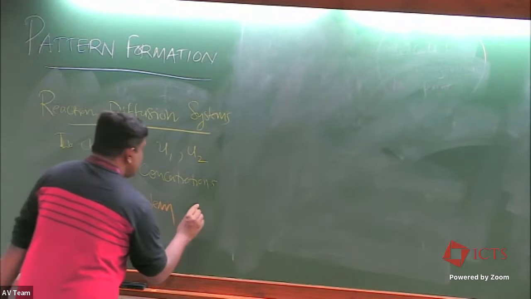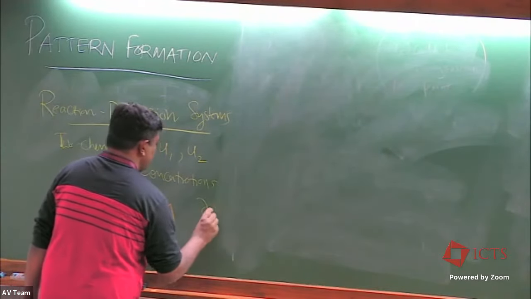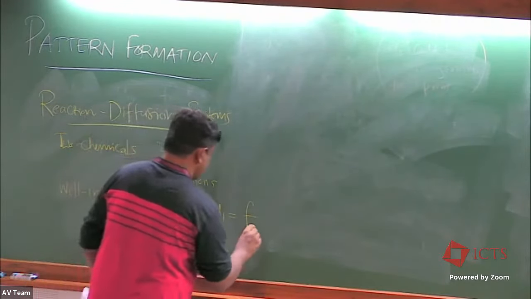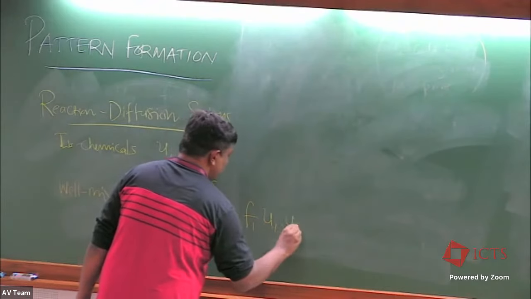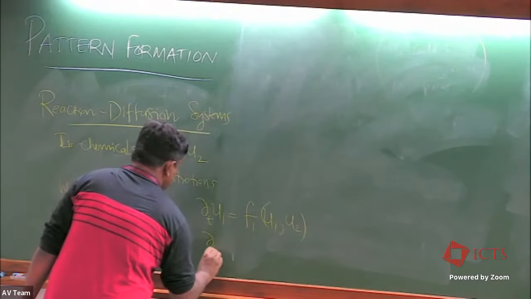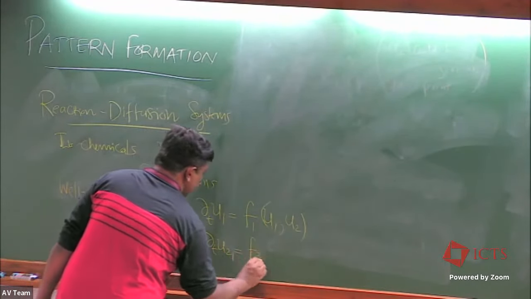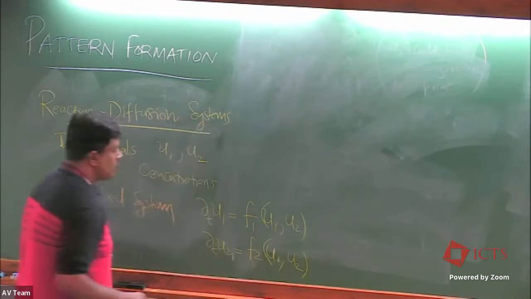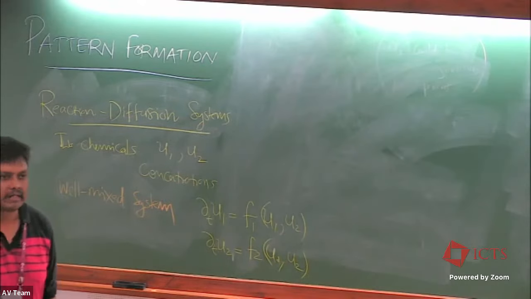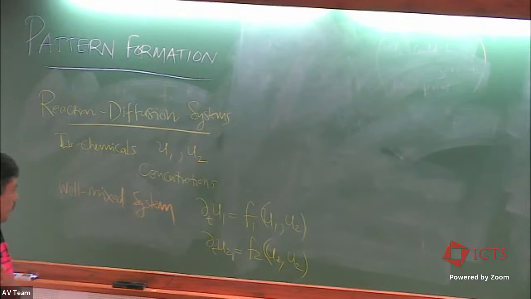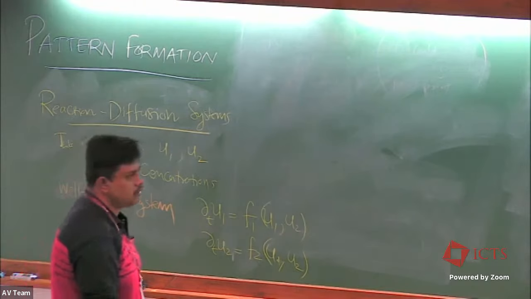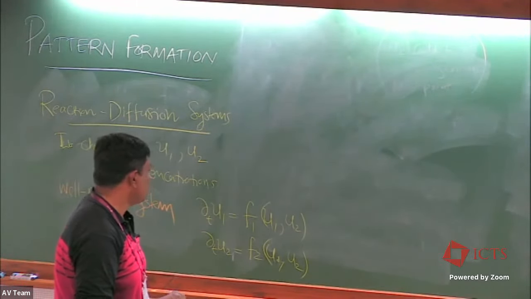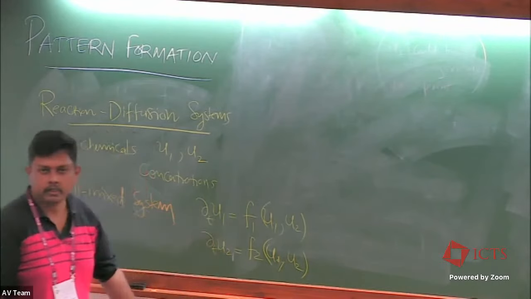Let's say the 2 equations satisfy these: dt U1 is F1 of U1 comma U2, and dt U2 is F2 of U1 comma U2. F1 and F2 represent the chemical reactions. They could be simple polynomials, or something that gives you saturation, like Hill coefficients and so forth. But basically, something that will change U1 and U2.